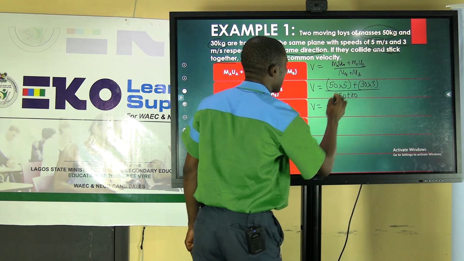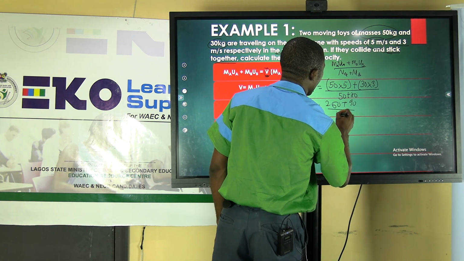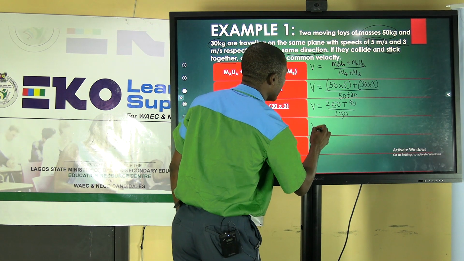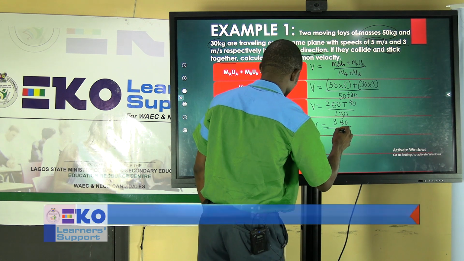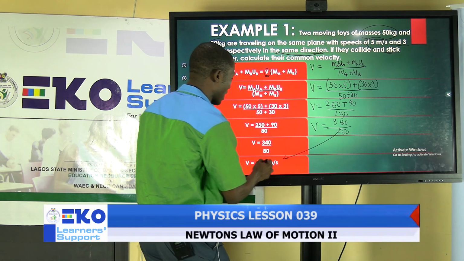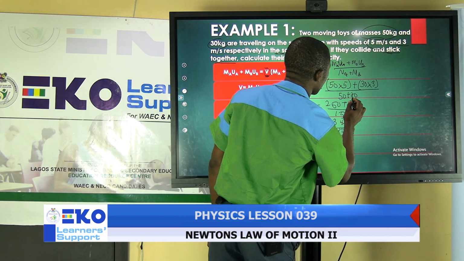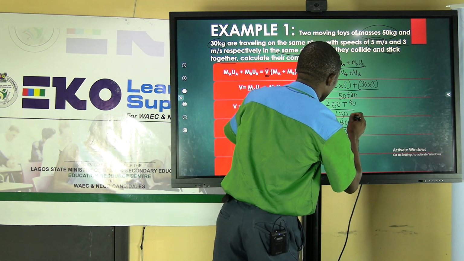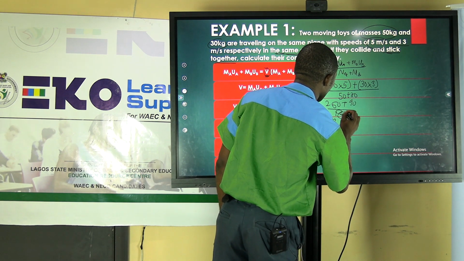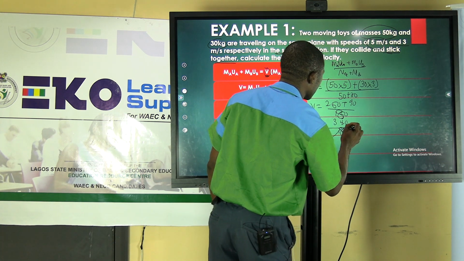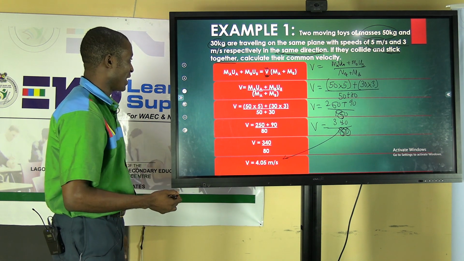So from here, you are going to have 250 plus 90, all over 80. 50 plus 30 should give 80, sorry, not 180. So 250 plus 90 will give you 340, and 340 divided by 80 will give 4.05.